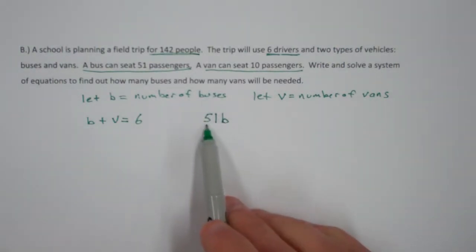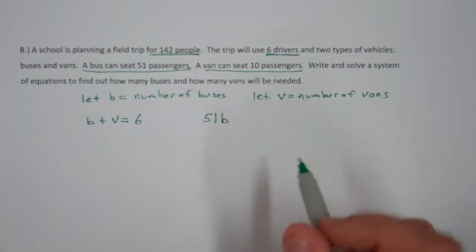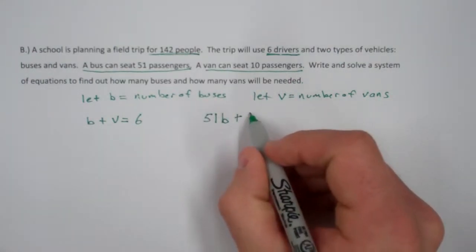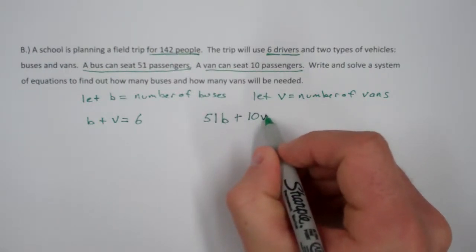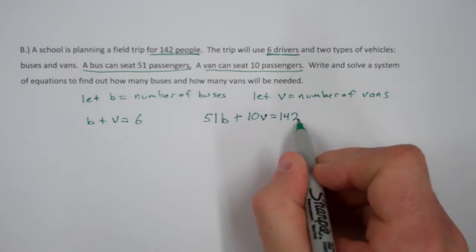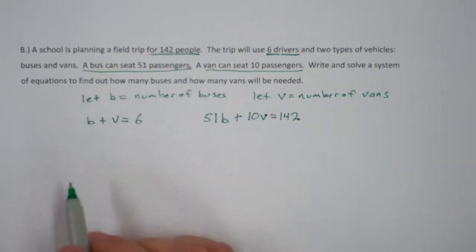If there's one bus, it's just 51. If there's 2 buses, it's 2 times 51. We're going to add that to the number of people who are in the vans, which is 10V. Set that equal to the total number of people.